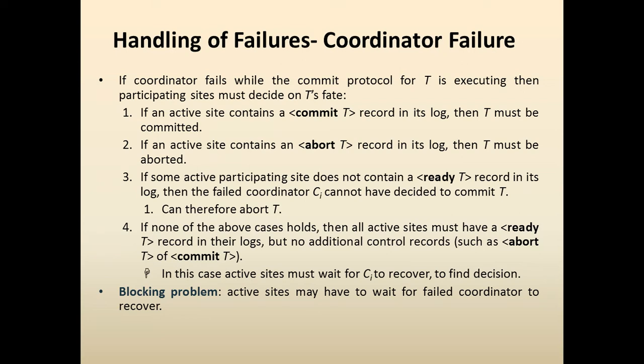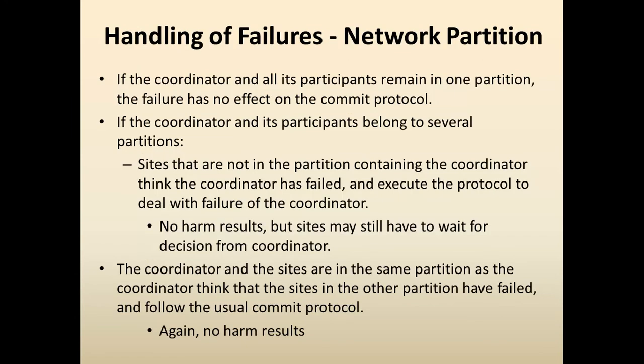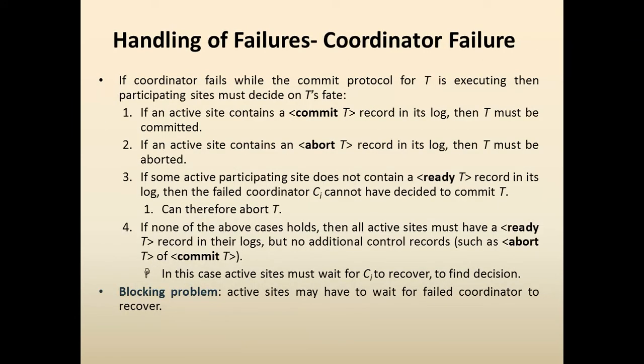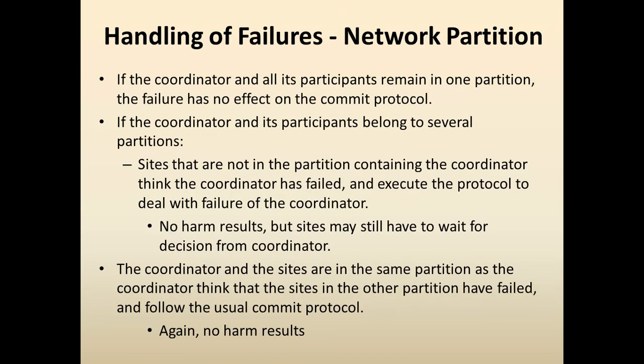So there is a blocking problem: active sites may have to wait for the failed coordinator to recover. This is the coordinator failure, and next is the network partition in the handling of failures.